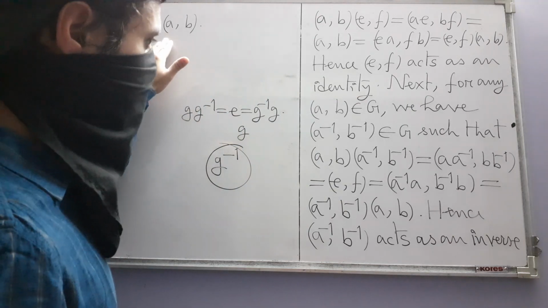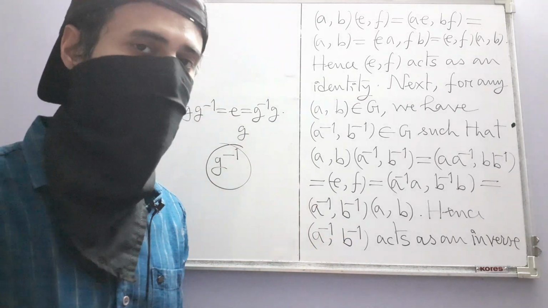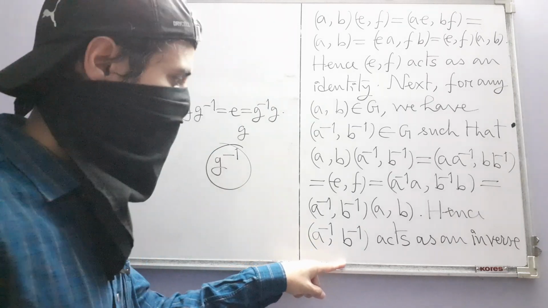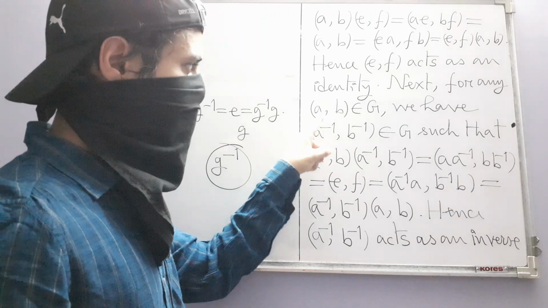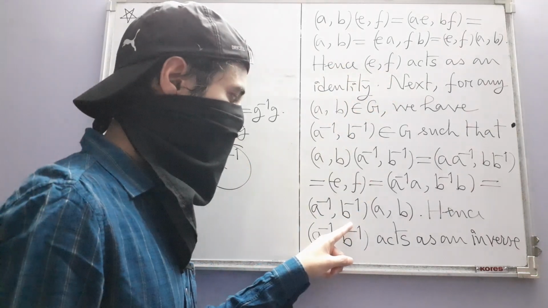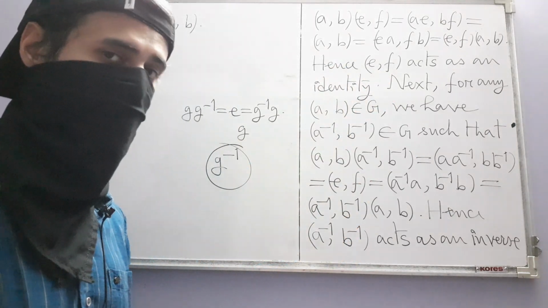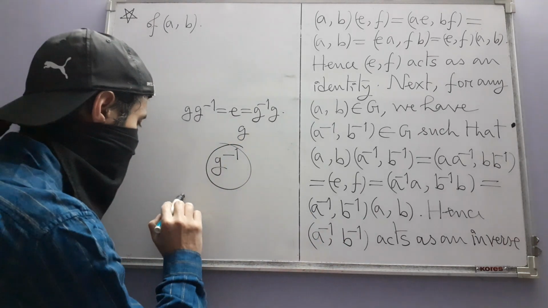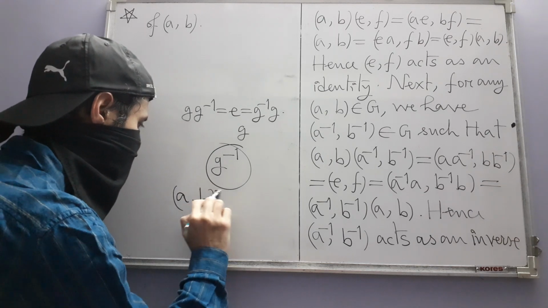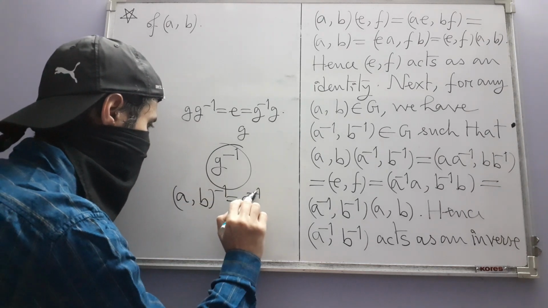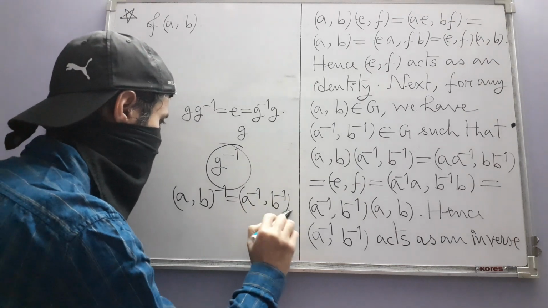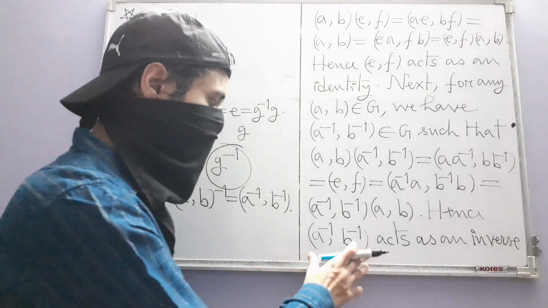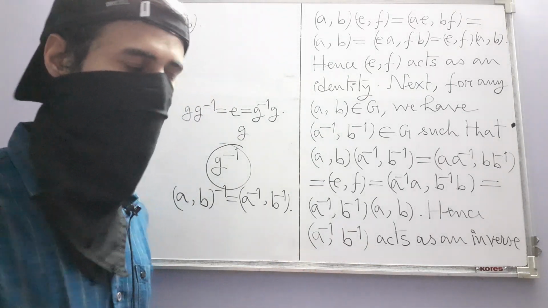Only after knowing that yes, our system is a group, and that fact has been fully verified, that the identity is unique and every element has a unique inverse, only then do I start using this kind of notation. Now I can write this, not before that. It's not going to affect anything, but we should be sure of what we are doing.